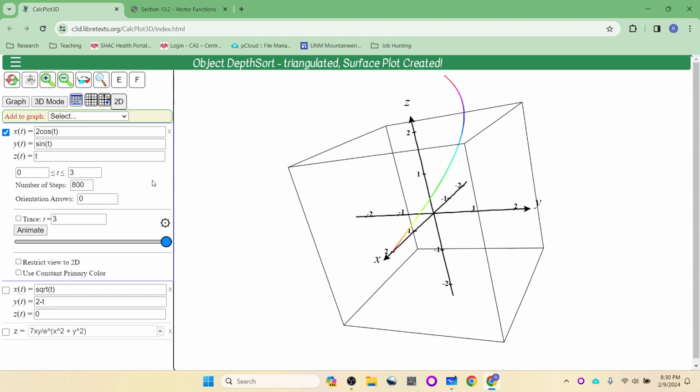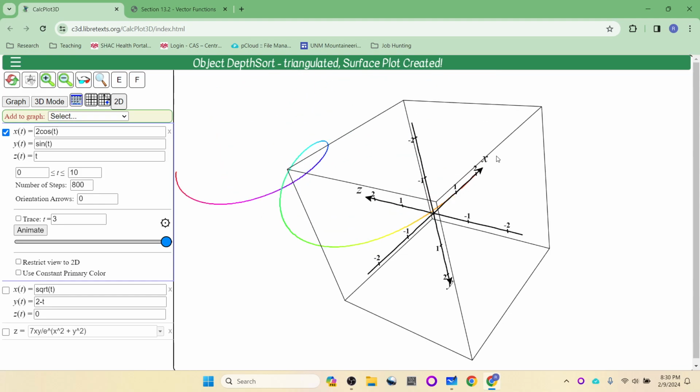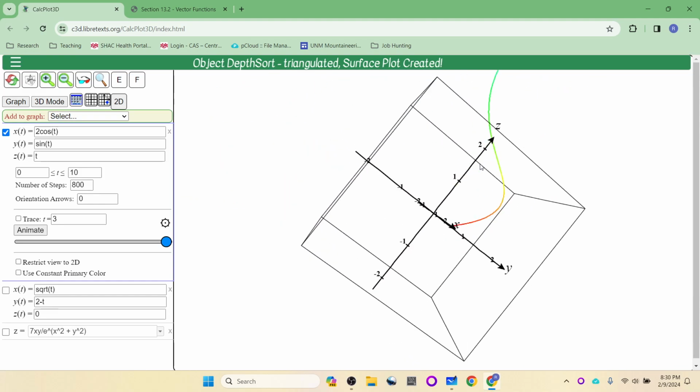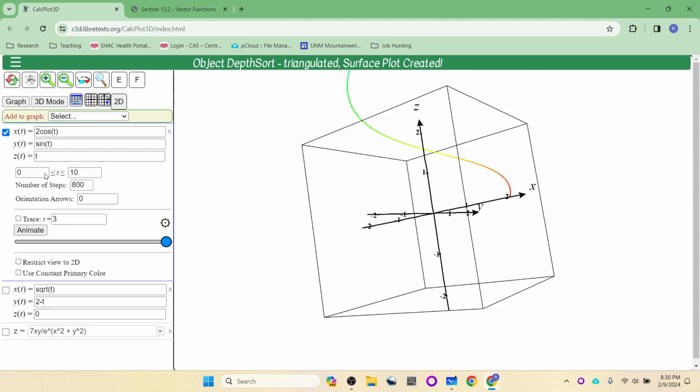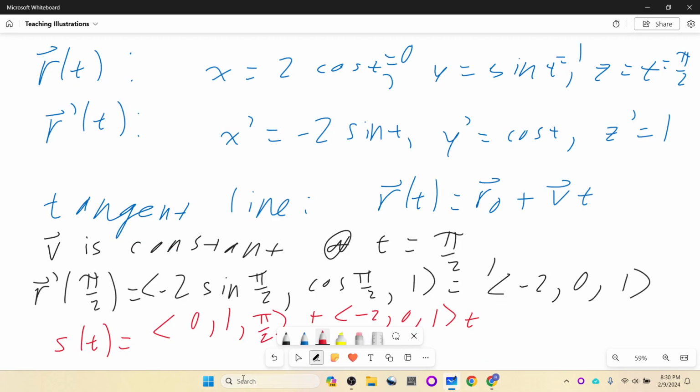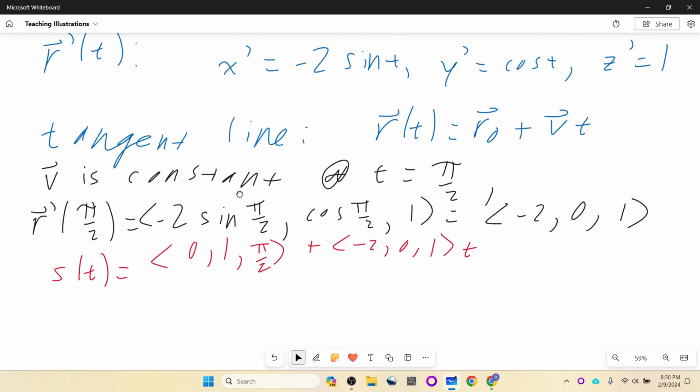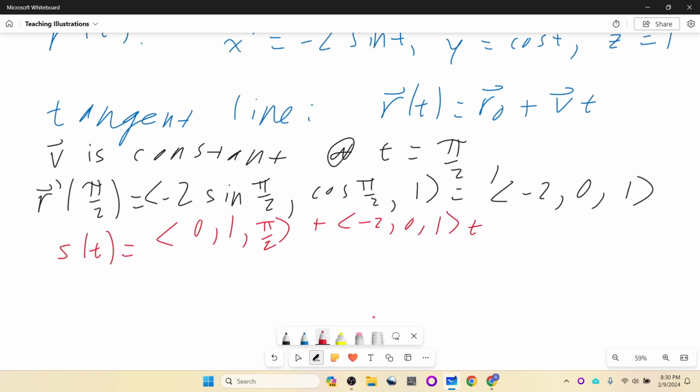Let t go up to, say, 10. So you can see it goes up a little farther. And now let's look at the equation of the line that we're interested in. What did we say the line was? Let's combine the terms so we can have it in a nice vector form.